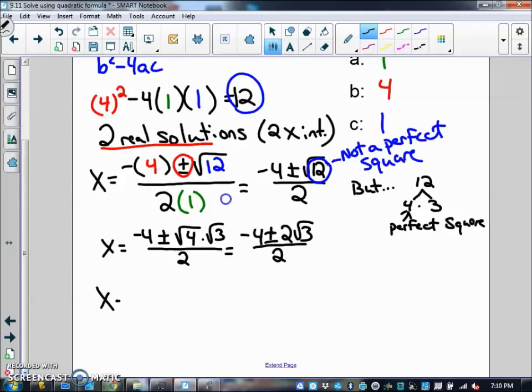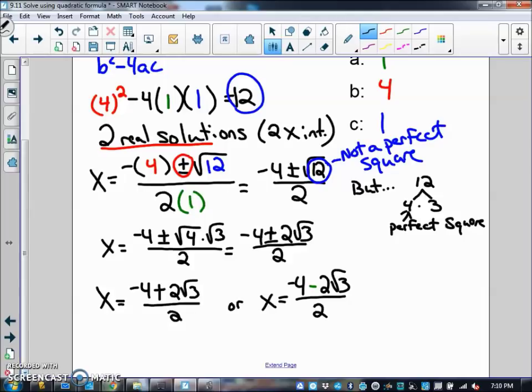Knowing that I'm going to have two solutions, x again is equal to negative 4 plus 2 radical 3 over 2, or x is equal to negative 4 minus 2 radical 3 over 2. My 2's will cancel out, and the 2 will also cancel out the negative 4 to becoming negative 2.